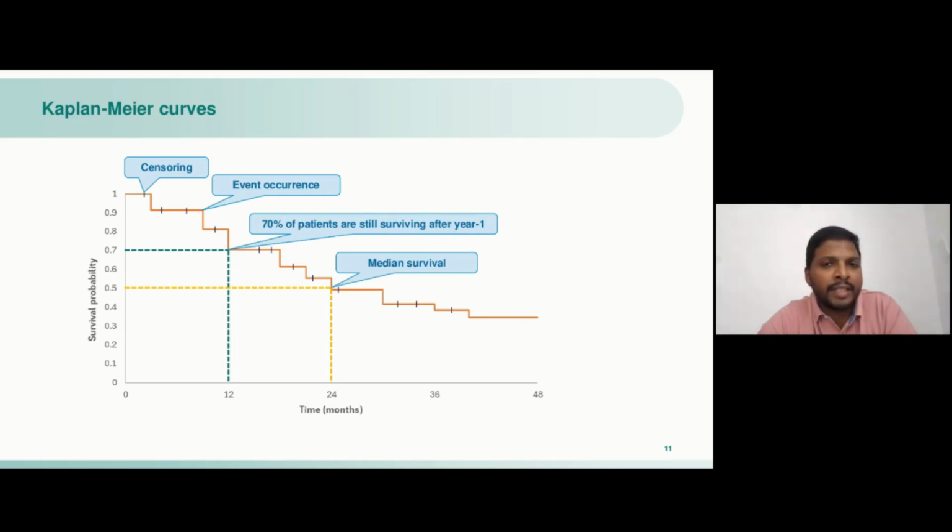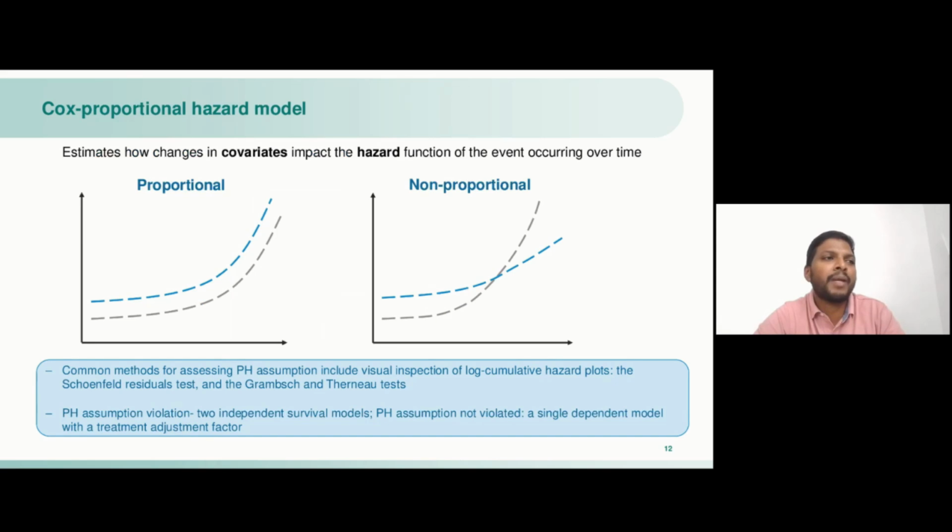Other statistics include median survival, where the survival probability is equal to 0.5. The vertical lines in this Kaplan-Meier plot represent an occurrence of event, whereas the horizontal line represents the duration during which no event occurred, and the cross on the horizontal line represents a censoring event. So this is a simpler representation of the Kaplan-Meier curves.